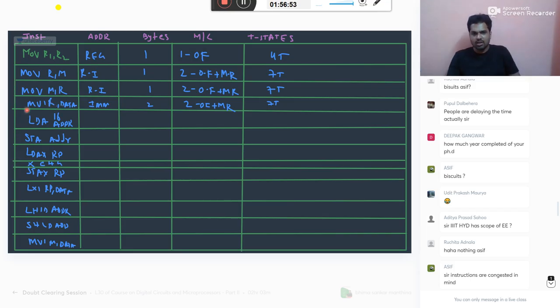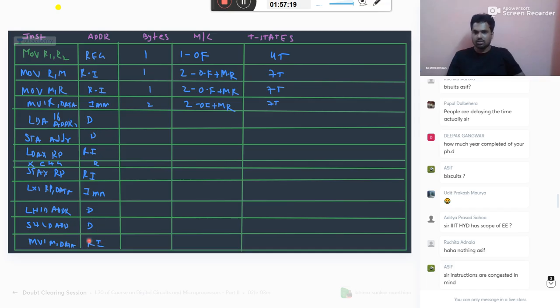MVI R comma data. This is the MVI R command. Now tell me, what is the addressing mode? Direct. I'm writing simply D. Okay, this is also direct. This one is register indirect. LXI means immediate. Okay, LHLD address, direct. Here register indirect.